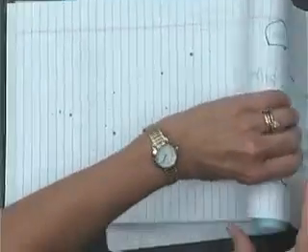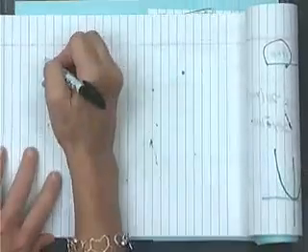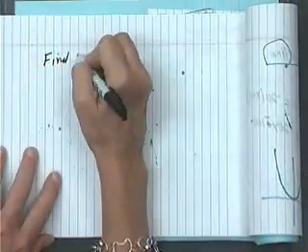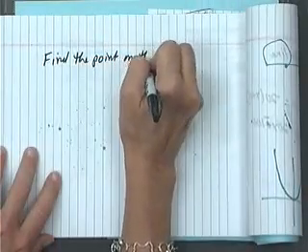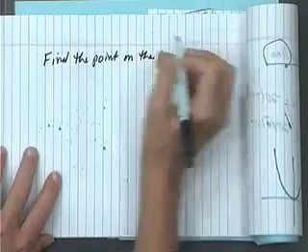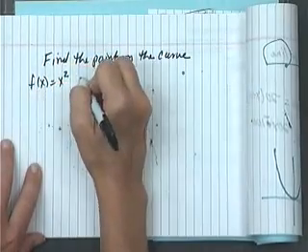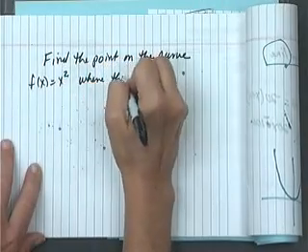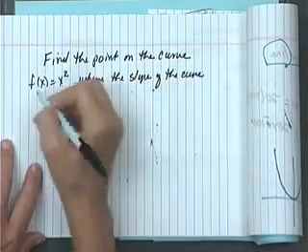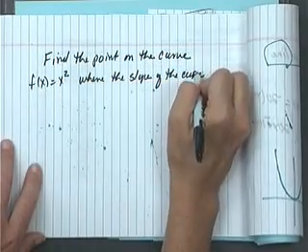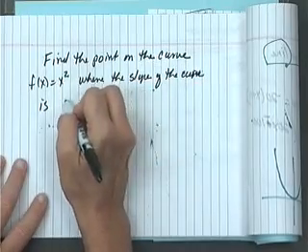All right, let's make it a little more interesting. Each one's going to be a little more interesting. I want you to find the point on the curve f of x equals x squared, where the slope of the curve is 30.